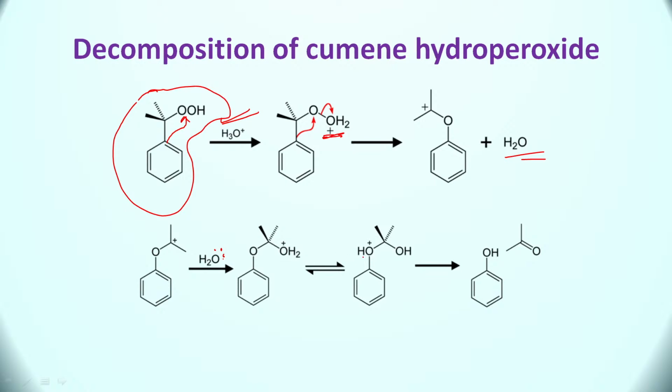And here there is a transfer of proton from this oxygen to this oxygen, so you will get OH plus, which is a better leaving group, so these electrons come like this, and this one leaves as phenol. Okay, this is the decomposition of cumene hydroperoxide into phenol, and finally you are getting the byproduct acetone.